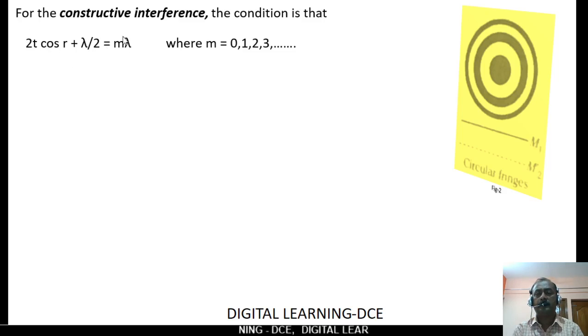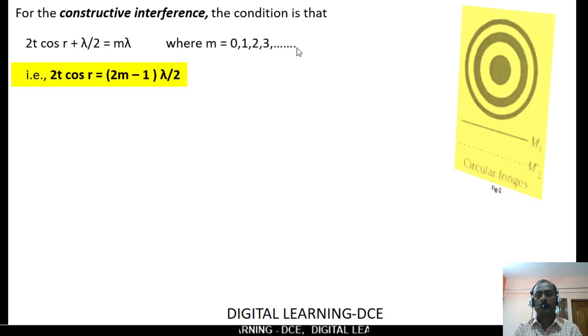When it is equated with the condition for path difference, that is m lambda, where m equals 0, 1, 2, 3 and so on, on further simplification we get 2t cos r equals (2m minus 1) into lambda by 2.